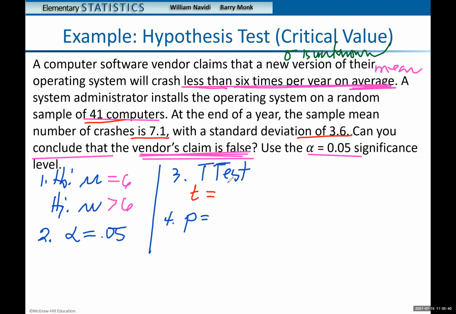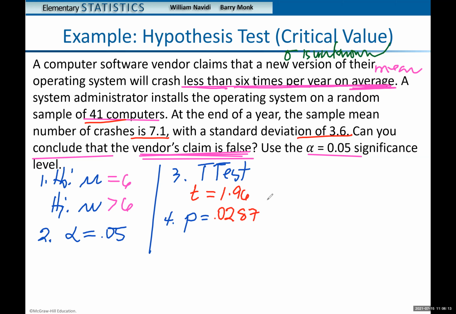For t, I got 1.95. Round to 2 decimals, 1.96. And your p-value, 0.0287.